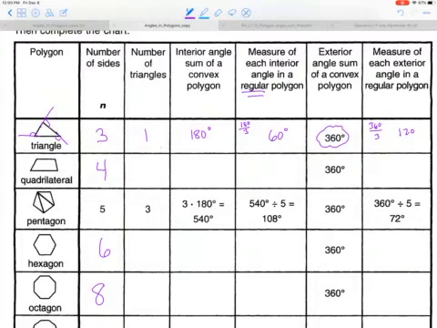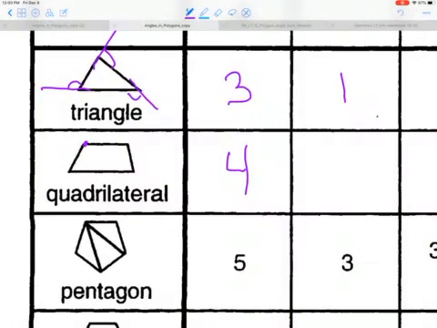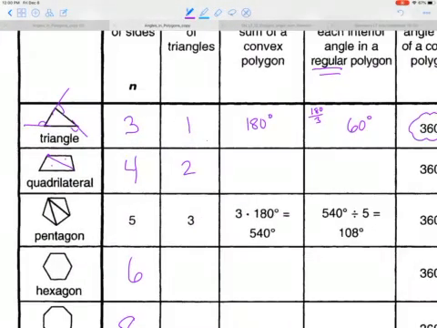For a quadrilateral, to find the number of triangles, you take one vertex and draw all the diagonals from that vertex, making sure it's not a side length. In drawing that diagonal, we get 2 triangles formed. Each of these 2 triangles adds up to 180, so I would do 2 times 180 to get the sum of the interior angles: 360.